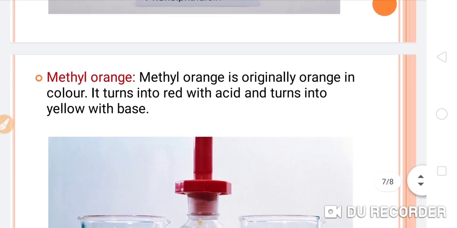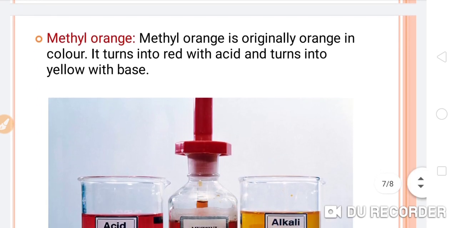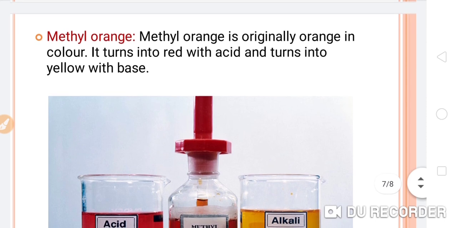Now next, methyl orange. Methyl orange is originally orange in color. It turns red with acid if you treat it with the acidic solution. So its orange color will change into red with the acidic solution.